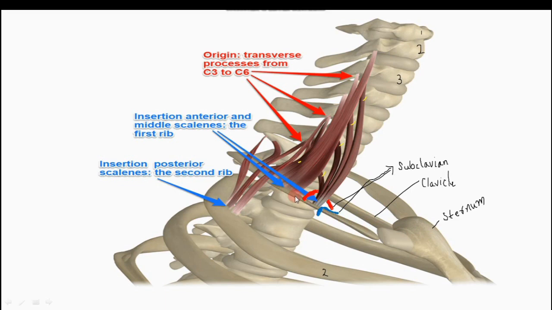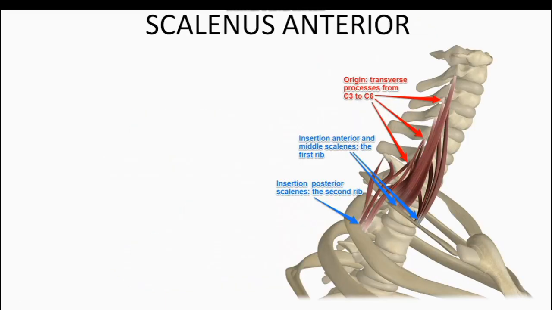You can see this is the lateral view of the first rib, and this is the lateral view of the second rib. Now these all are the paravertebral group of muscles. Now we will talk about each muscle in detail.